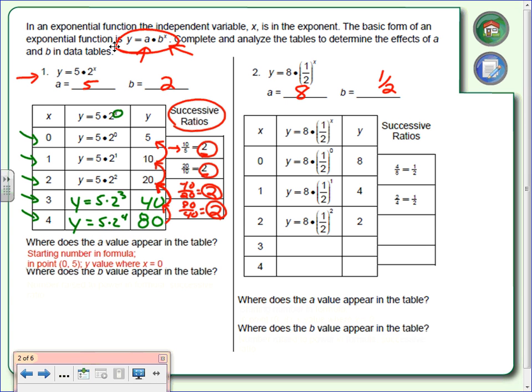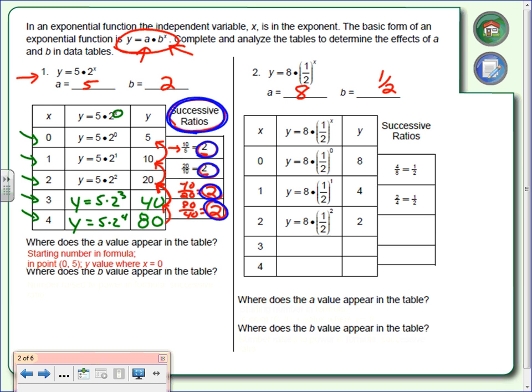Next one. Where does the B value appear in the table? Remember, we said B was a 2. Where does that 2 keep showing up? After you divide, next to 20, next to 40. And what do we call that?